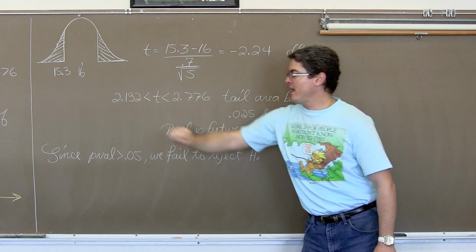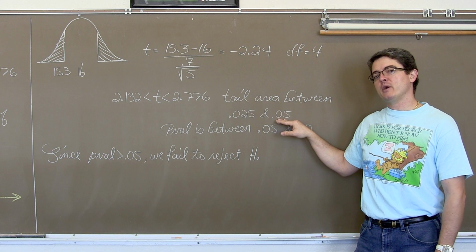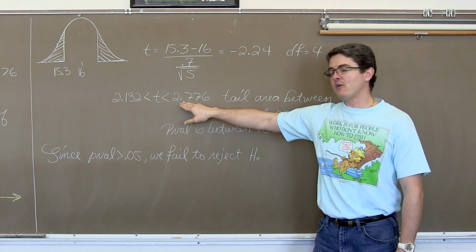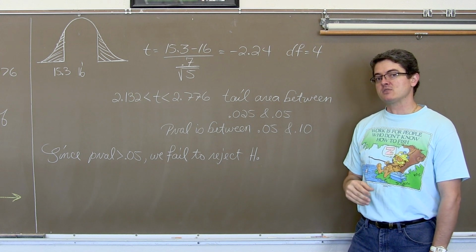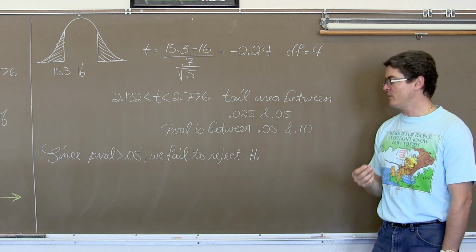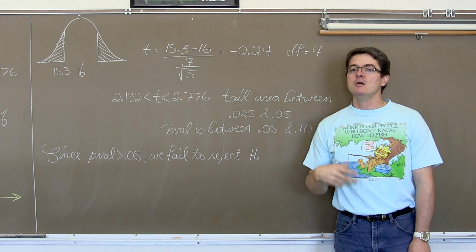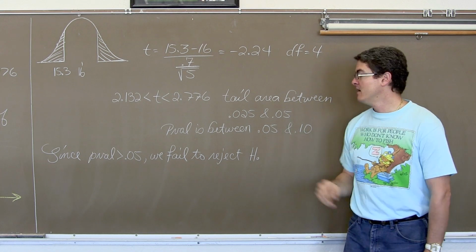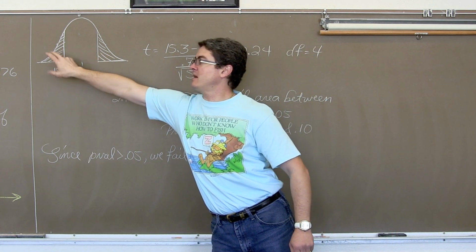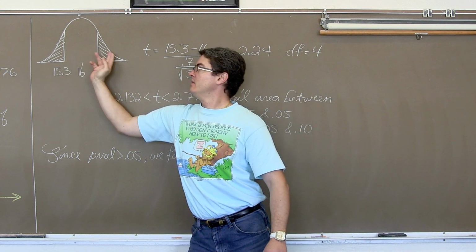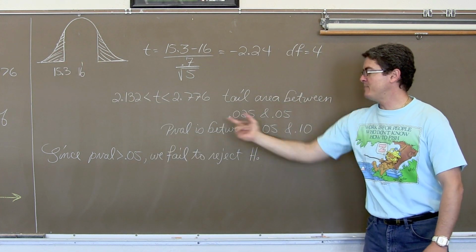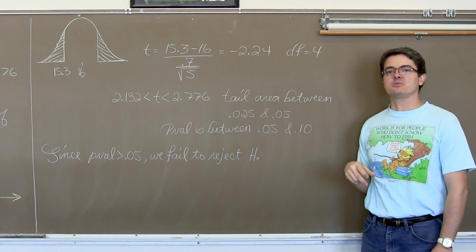So being this far away from the mean gives me a tail area of 0.05, and being this far away from the mean gives me a tail area of 0.025. So my p-value appears to be between 2.5% and 5%, but it's a two-sided test. This is the estimated tail area. Multiply it by 2 to account for the two-sided shading, and my p-value is between 5 and 10%.